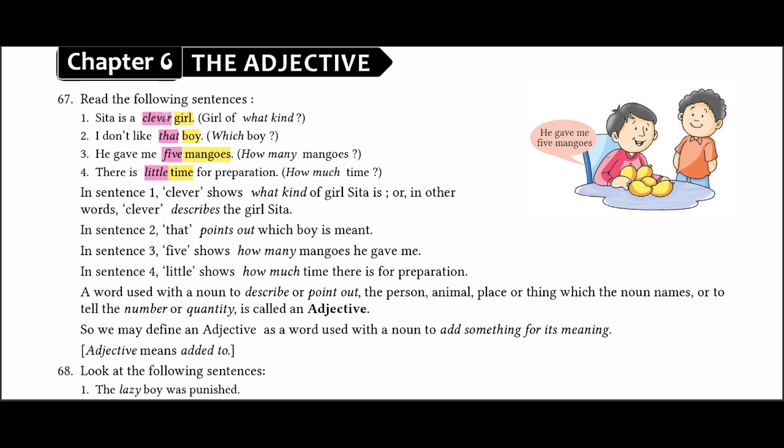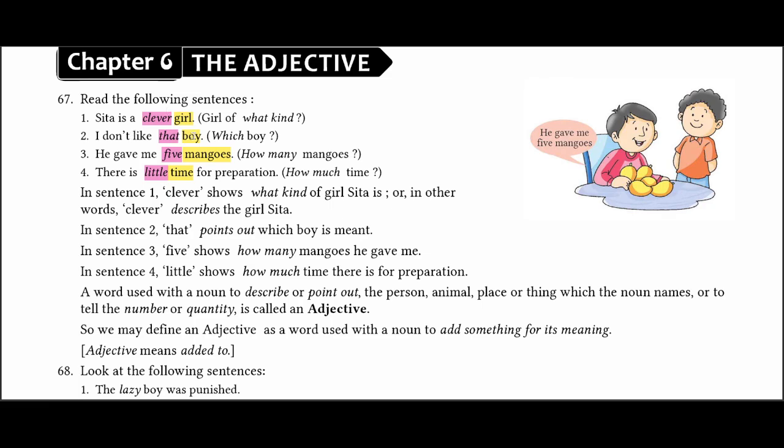When a word describes a noun, like clever, the girl, or if a word points out a noun, like that, pointing out boy, or if a word tells the number of a noun, like 5 here is telling the number of mangoes, or if a word tells the quantity of a noun, like little is telling the quantity of time, such words are called adjectives.